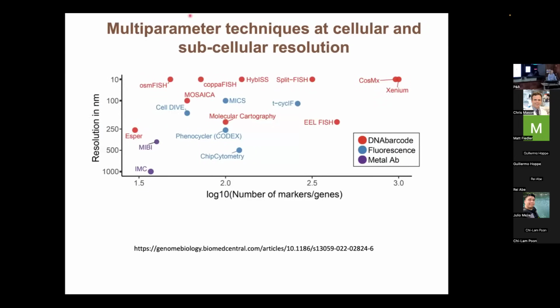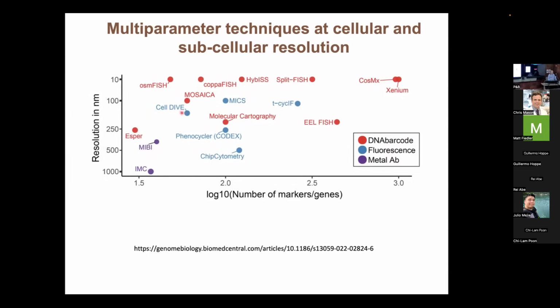So basically, this is a figure encompassing the variety of different multi-parameter techniques that are currently available in the marketplace. On the left is the resolution in nanometers, and on the bottom is the number of markers or genes that are available to look at. You can see here the metal antibody or metal-based approaches, which I'm going to talk about, both imaging mass cytometry and MIBI.